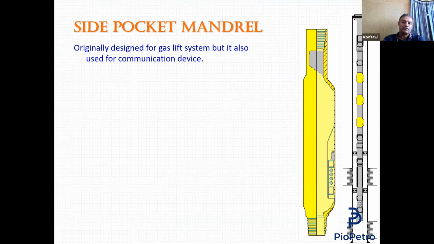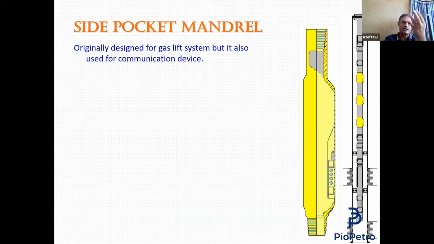If you don't need to establish communication, what we put there is a dummy valve. It's a plug. If you need to inject chemical, for example, you remove this valve, the gas lift valve, and put chemical injection valve. If you decide to kill the well through this side Box Mandrel, please remove the gas lift valve and put what we call differential kill valve.